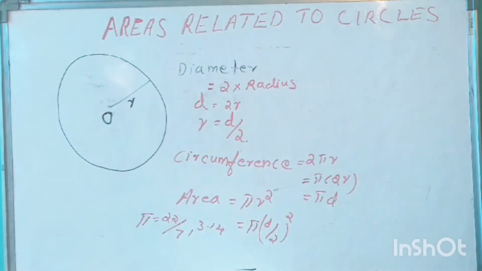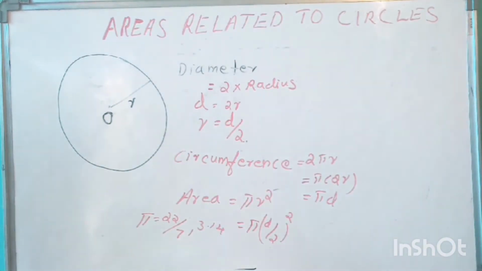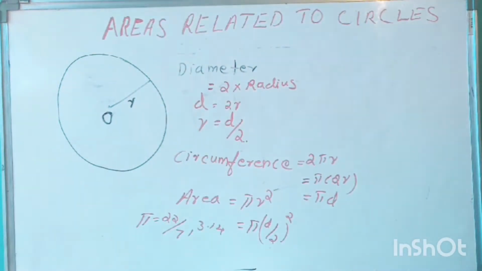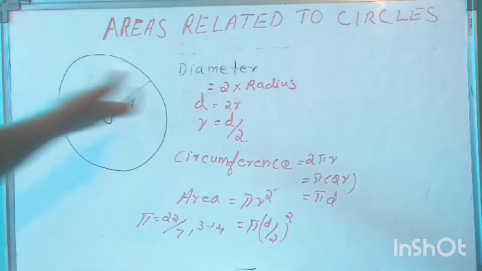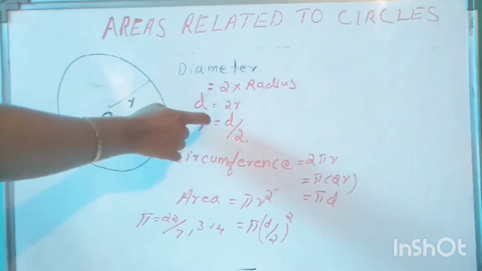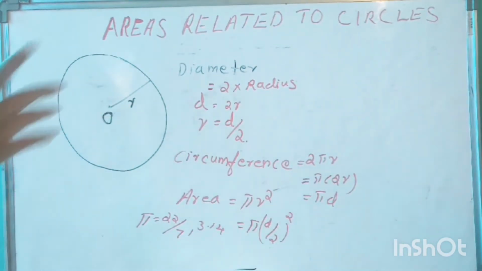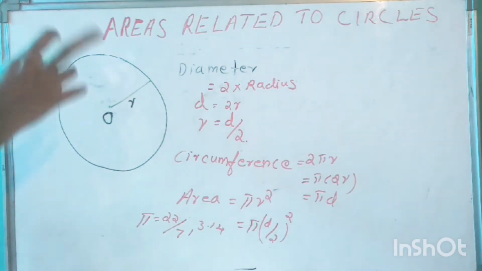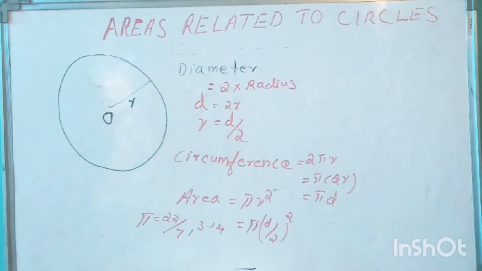Now, the fixed point is called center, and that fixed distance is called radius, and diameter is 2 times radius. Diameter is equal to 2r, then radius in terms of diameter is d by 2. Circumference means the distance covered by traveling once around a circle.